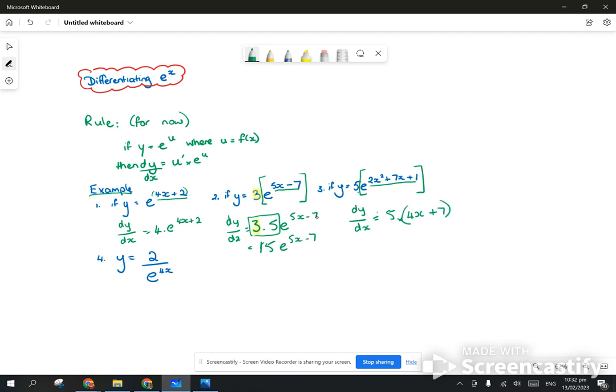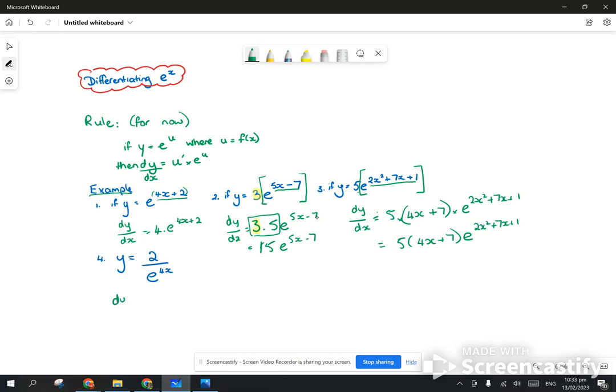You do need to keep it in a bracket, and then you multiply by e to the power that you've got there. Can we tidy it up? We don't need to actually expand the bracket, it's fine the way it is. You probably just don't need to write the times signs in there, and that would be fine.